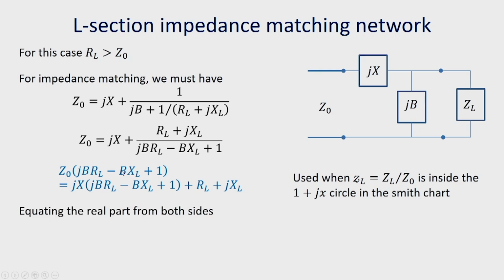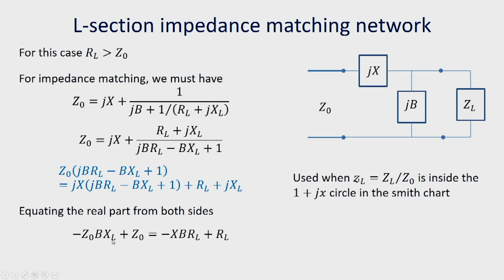And from this expression, what we can do? We can equate the real and imaginary parts. So, if we equate the real and imaginary parts, first let us equate the real part.